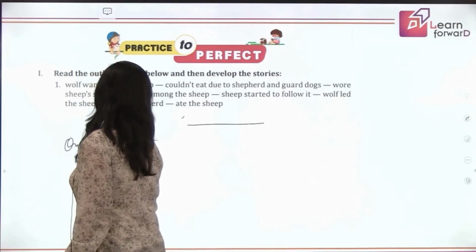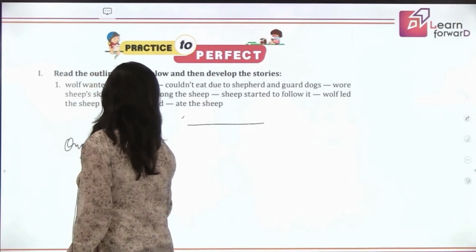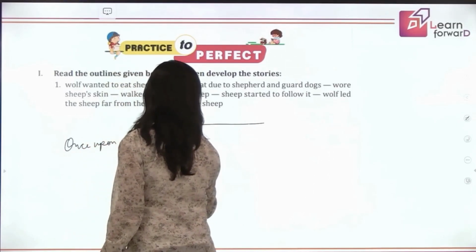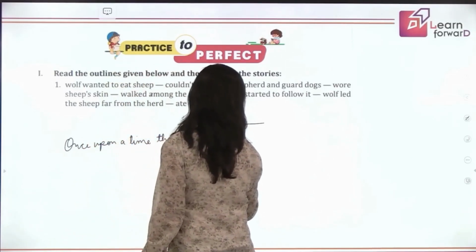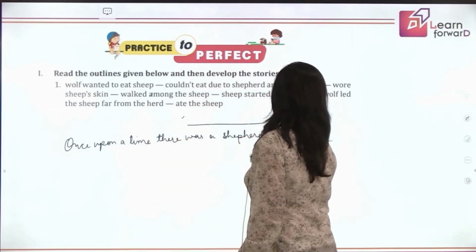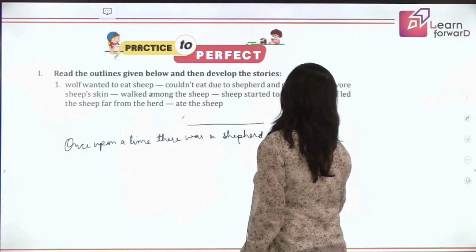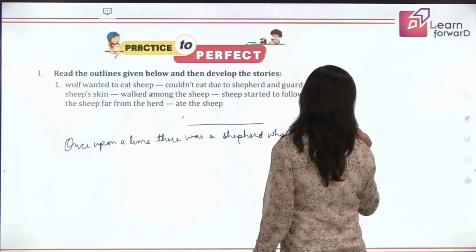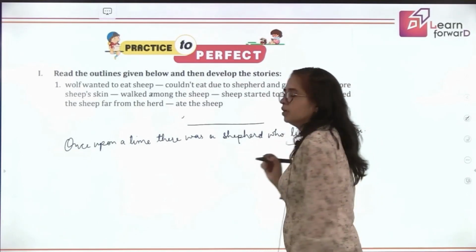Once upon a time, there was a shepherd who lived in a village.